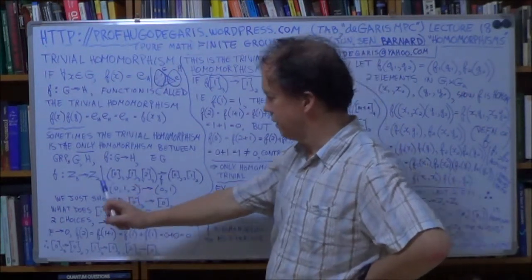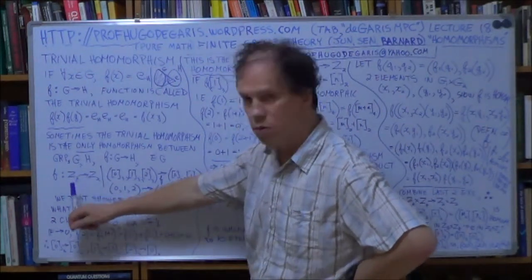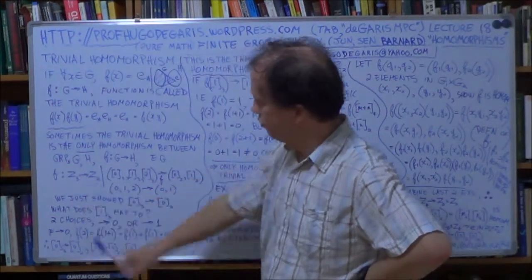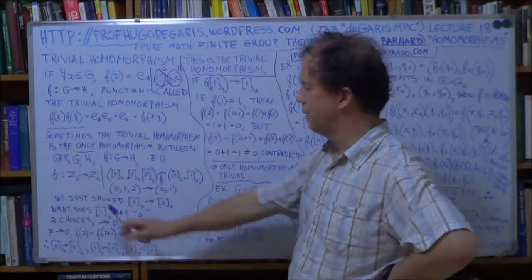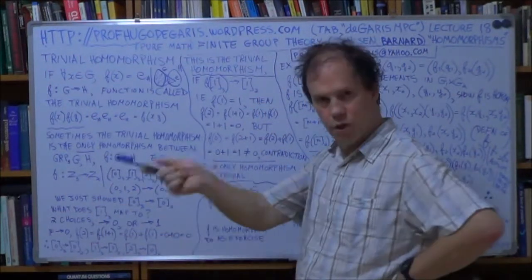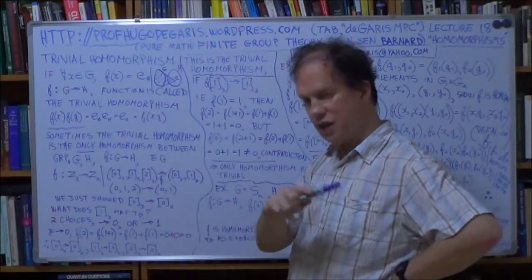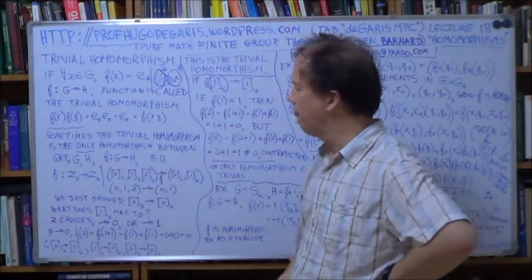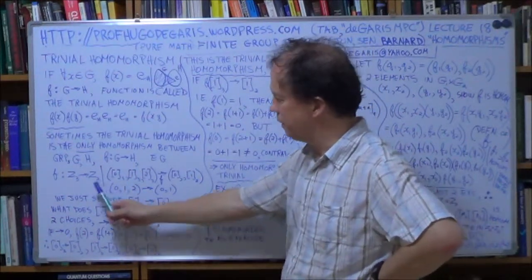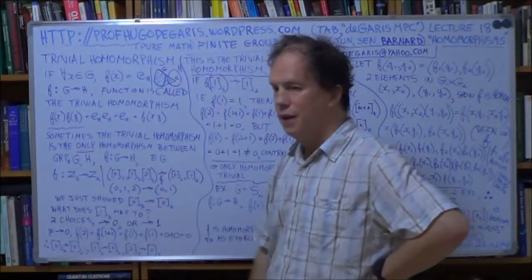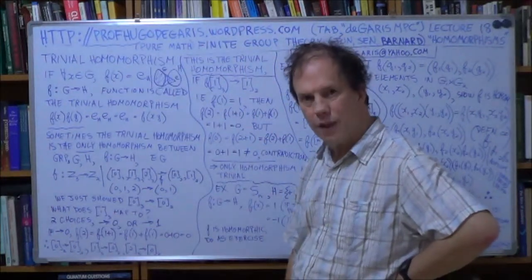So let's try to find homomorphisms between this group and this group. Now it's Z3 and Z2, and I'm going to switch back and forth between notations, the long-handed way and the shorthand way. Because remember, these are groups, but they're sets of residue classes.